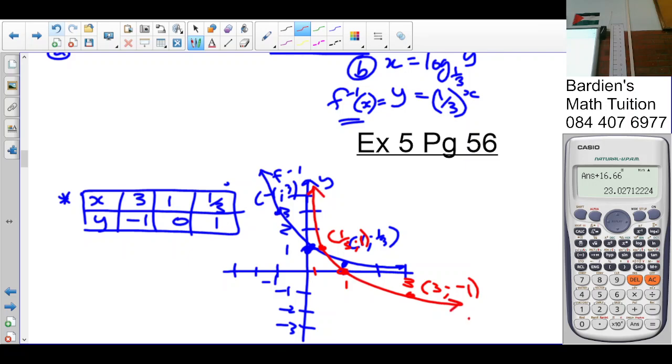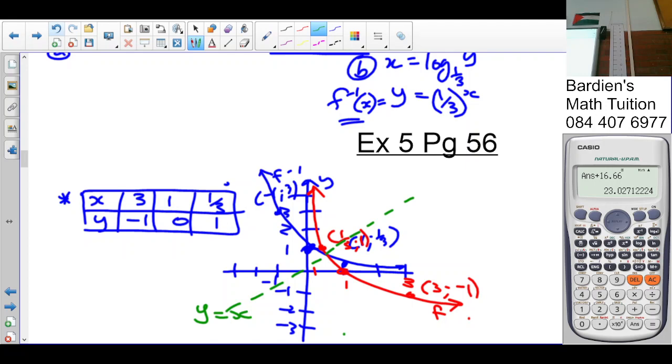And this is your function, whilst the blue one is your inverse function. Not so? So if we draw the inverse and the function, what do we also always draw? The line y is equal to x into the graph as well.